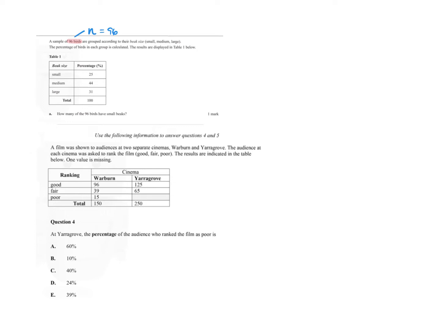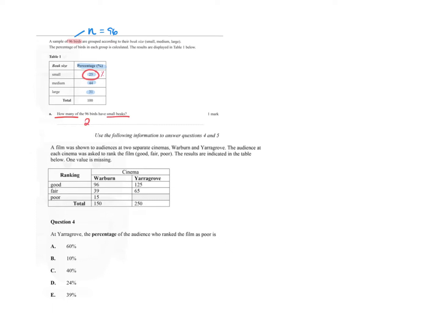So you need to be really careful that this column is showing you the percentages. When we look at the question, it's actually saying how many, not a percentage. So when we want how many of the 96 birds have a small beak, if you look up here, it's 25% for small.